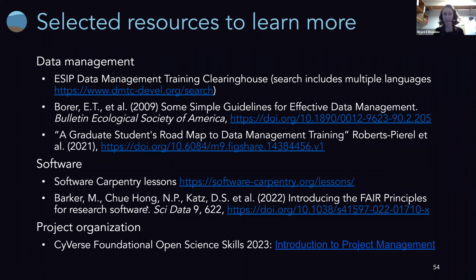It's brand new, and we won't have time to really get into that in this training. The last item here is with regard to project organization, and this course offered this year through CyVerse, which is another US NSF funded project, has some wonderful resources online, which really build on some of the foundational data management practices that we talked about here, and then build those up into more computational research project management.